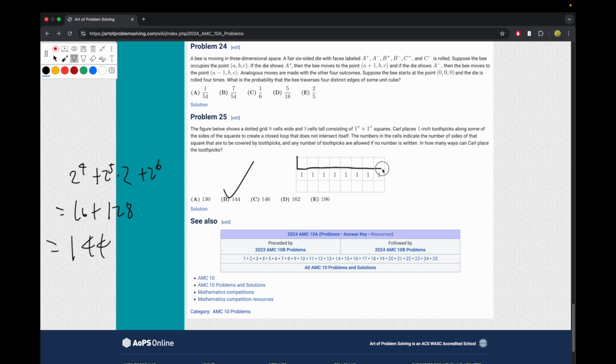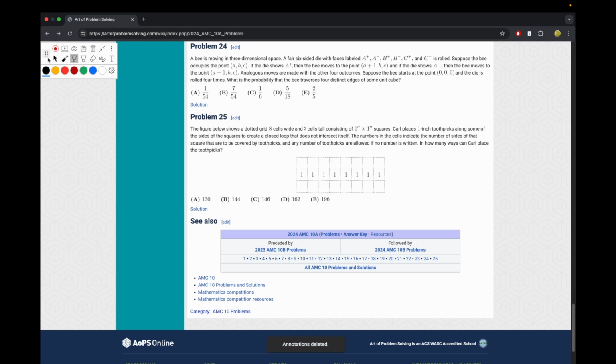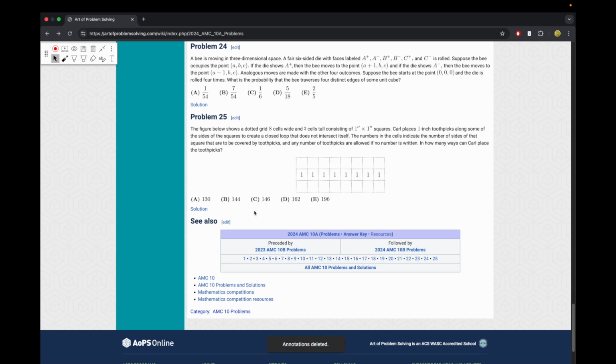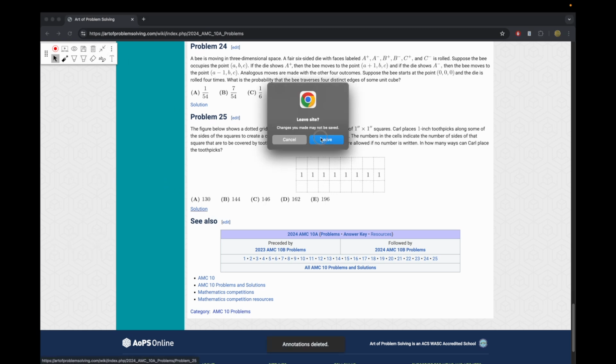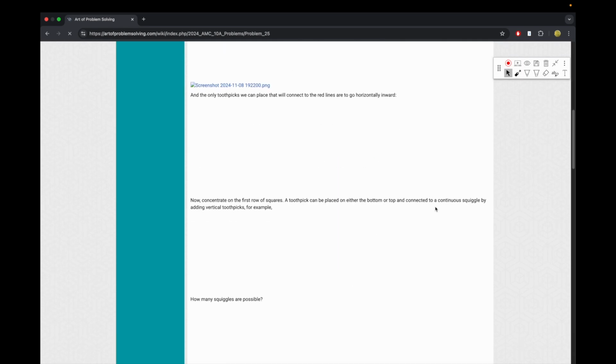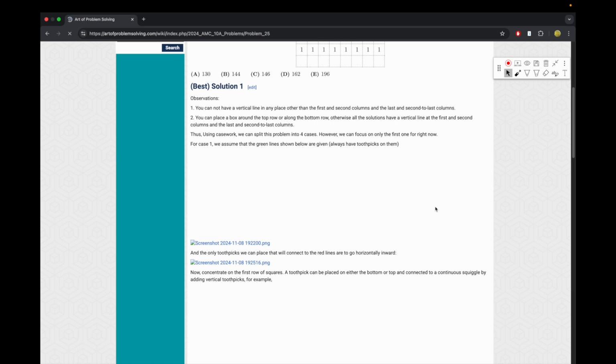This case, we missed this case. This one in here. So you should add 2 and get 146. Our answer is C. Oh my goodness. That's why it's number 25. I missed the last two cases. I fell into their trap.